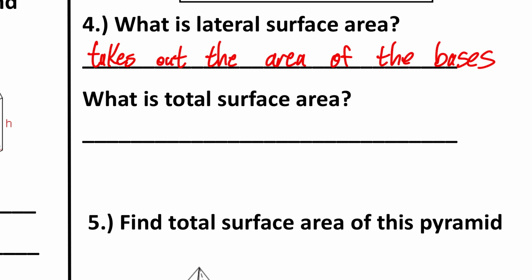So what is total surface area? It's the area of everything, including the bases.